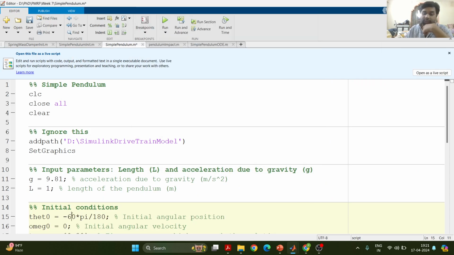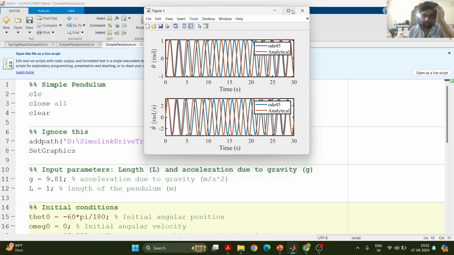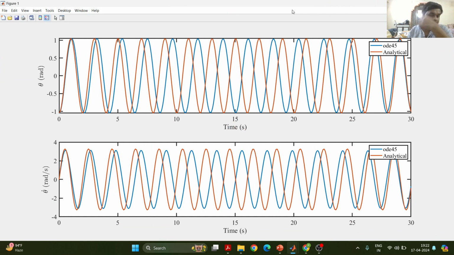Now if we increase the angle even further, we see that the solutions are nowhere close. They are close for a very small time interval, then they deviate quite a bit, and after some time they are again somewhat close.